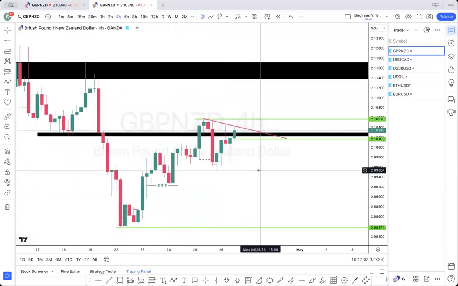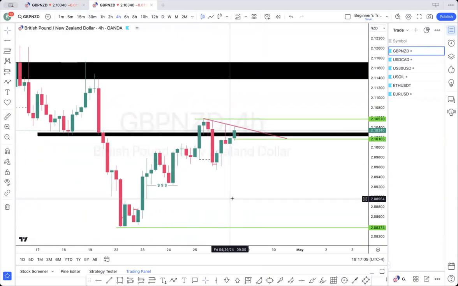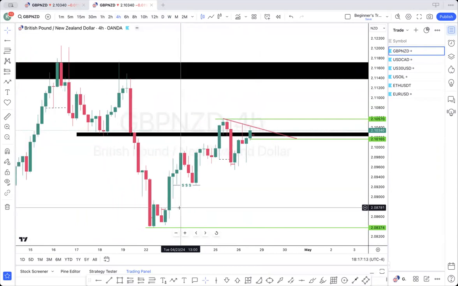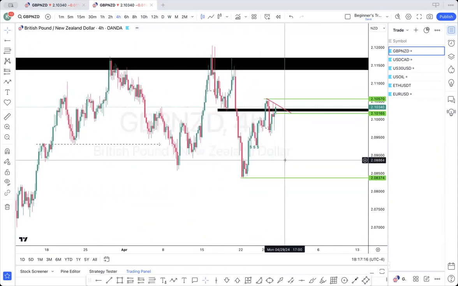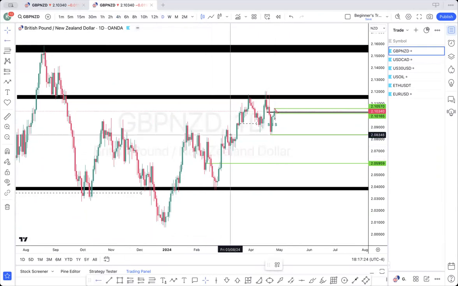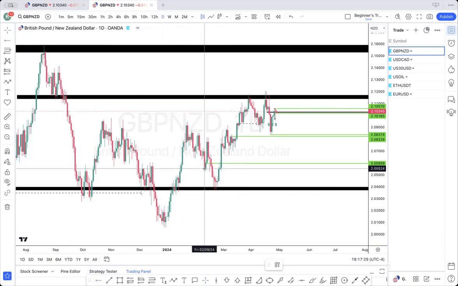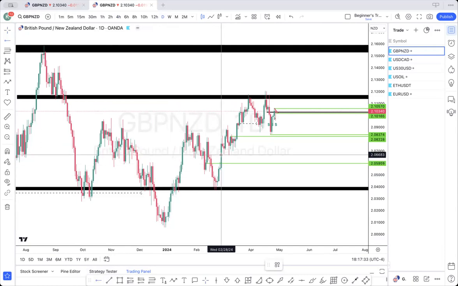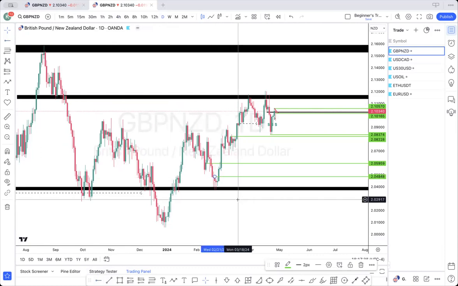So price could be coming back down to gather these equal lows. Price could be coming back down to tap into that daily, or coming back to fill this zone to here. We don't know what it's going to do. So trade what you see, not what you think. Trade what you see.